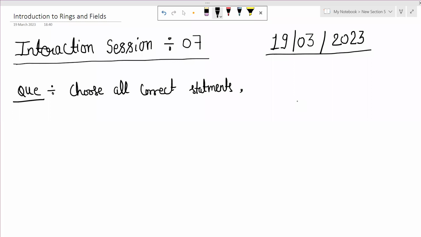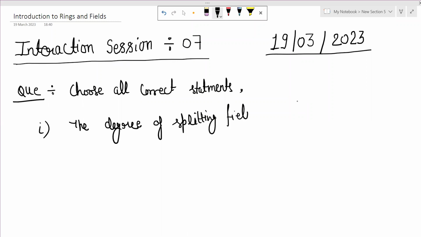Choose all correct statements. The degree of the splitting field of x to the power 4 minus 1 is 2.